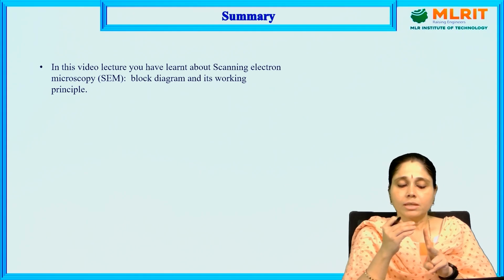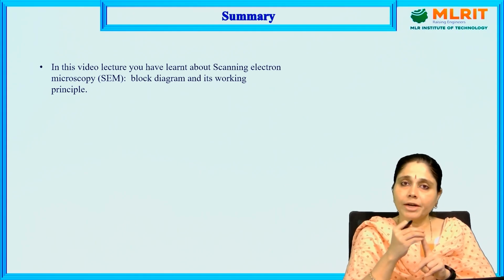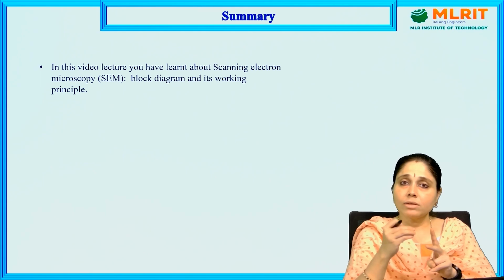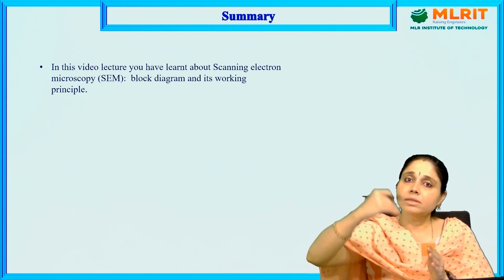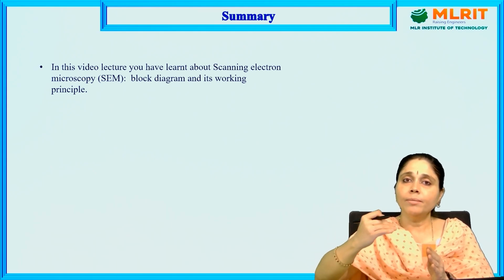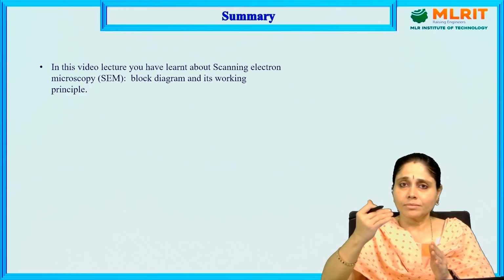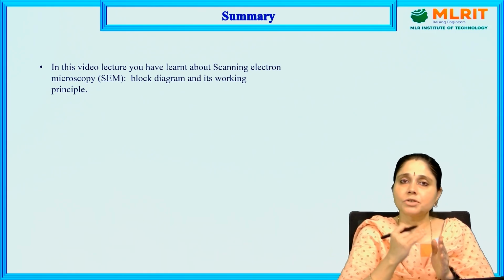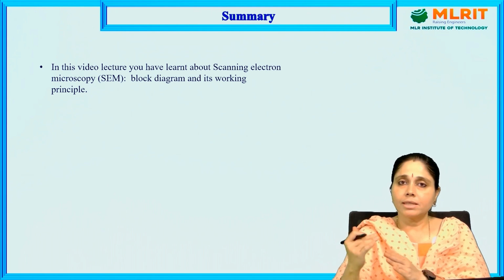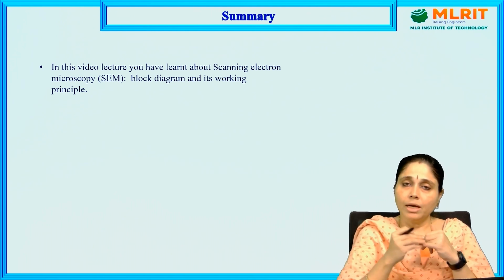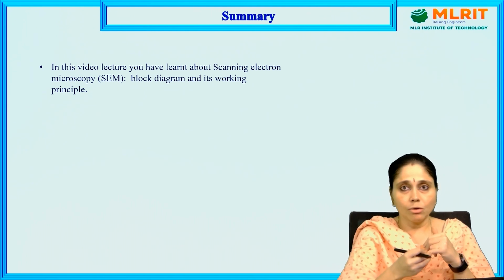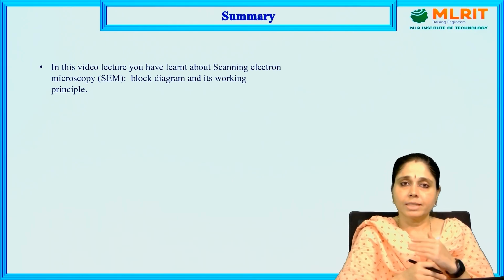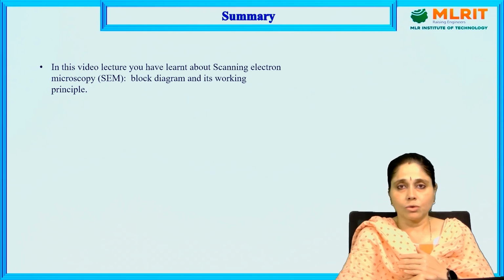Backscattered electrons are the electrons that are just deviating after being incident on the surface of the specimen. So, these two give us the different surface topography, morphology, and compositions. So, this is about the SEM, scanning electron microscope.